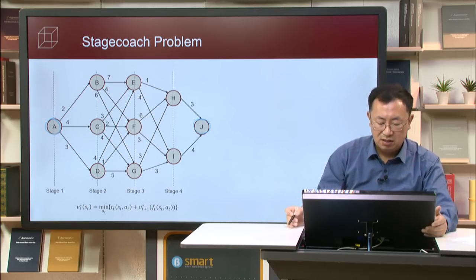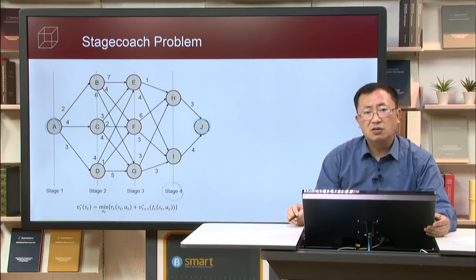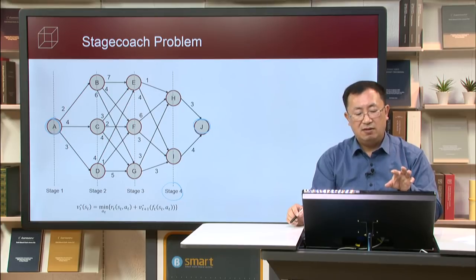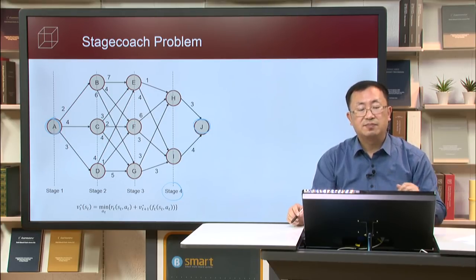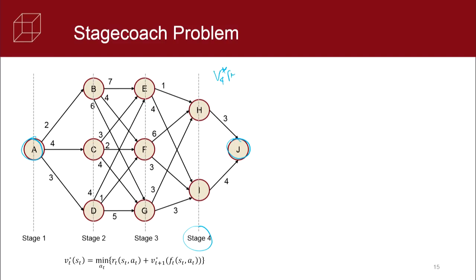Moving backward to stage 4, we are interested in finding the shortest path from the current node H or I to J. V4 star H means the length of the shortest path from node H to J, and V4 star I is the shortest path from node I to node J. There is only one option: from H, there is only one path to J, and it requires 3. From node I to J, it takes 4 days.